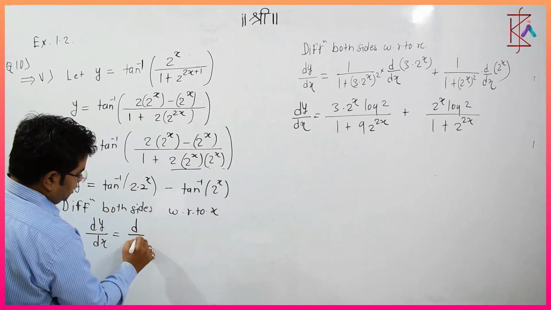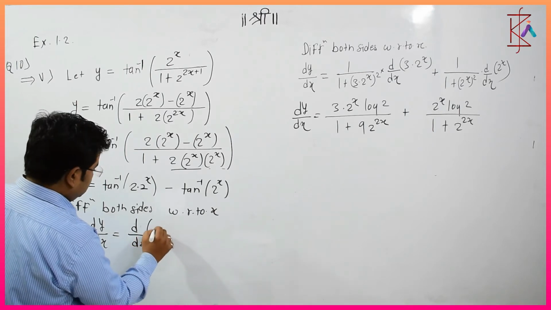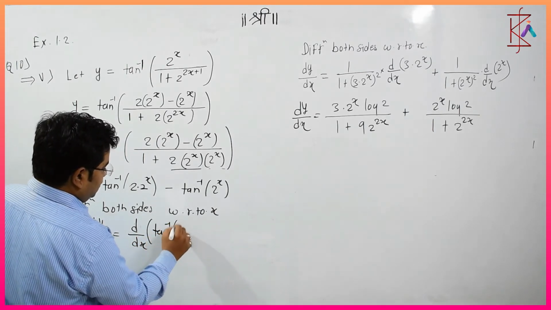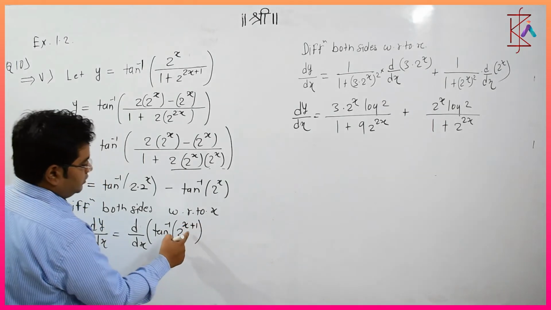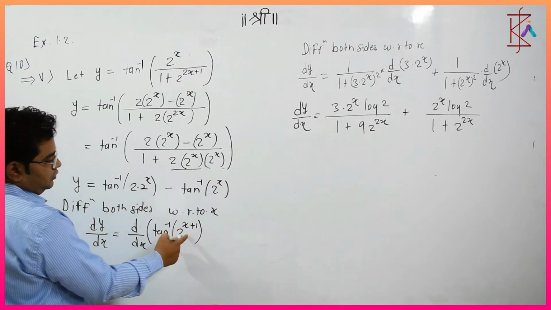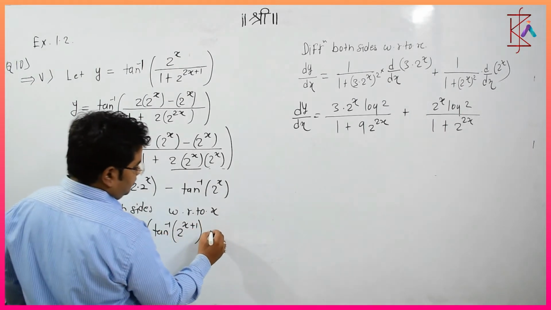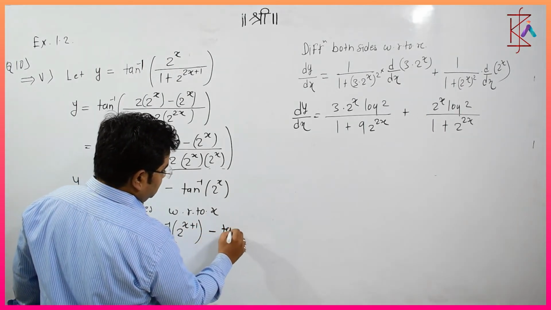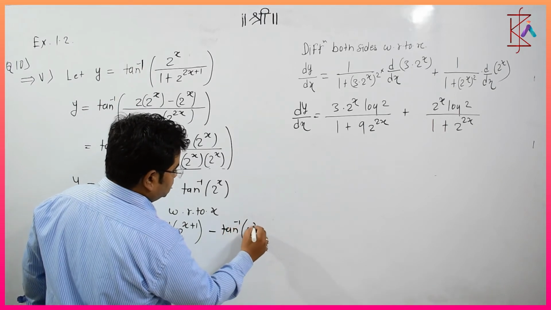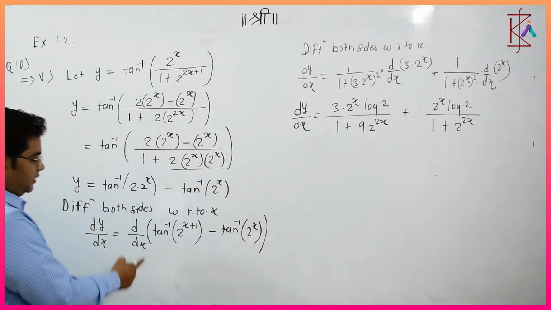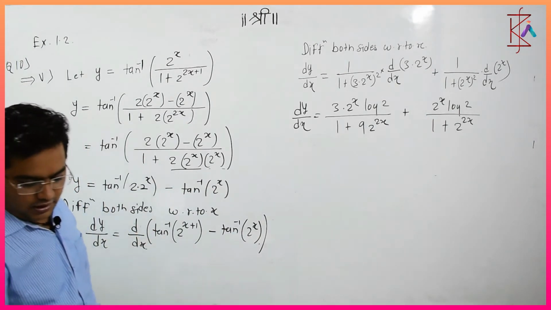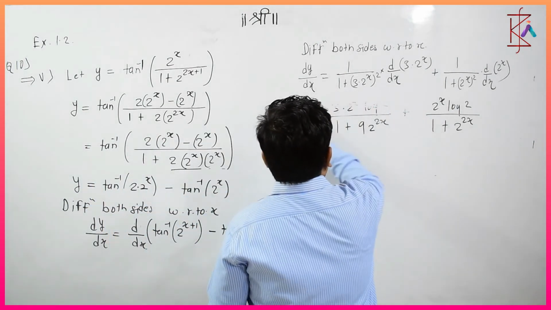So d/dx, I would like to write it first, tan inverse of 2^(x+1), minus tan inverse of 2^x. I would like to write it in this form. Now we can differentiate it, and after differentiation we can understand what exactly that equation means.